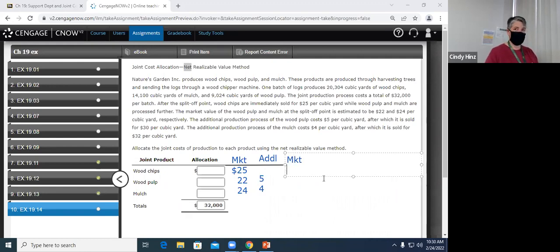I know I'm labeling this market again, but this is the market at the end result, the end value. The market price at the end is, we already know it's 25 for wood chips because we're not doing anything more to that. The wood pulp we can sell for $30, and the mulch we can sell for $32.